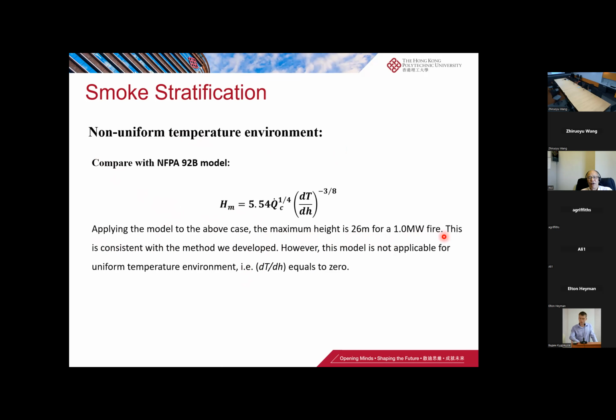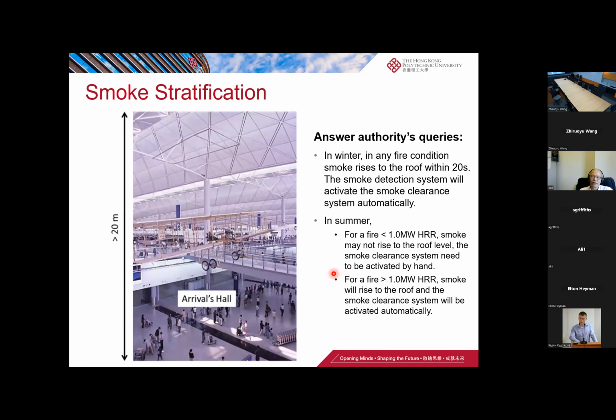This is very close to the assessment by the equation we developed from McCaffrey's correlation. But this correlation cannot be used for uniform temperature, when the temperature gradient equals 0, as I mentioned before. So now we're back to the case that started this issue, to answer the authorities' queries.